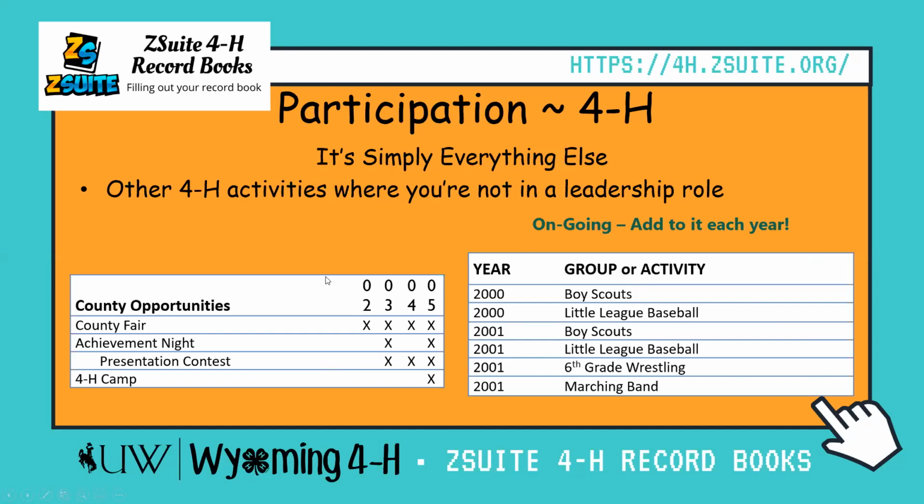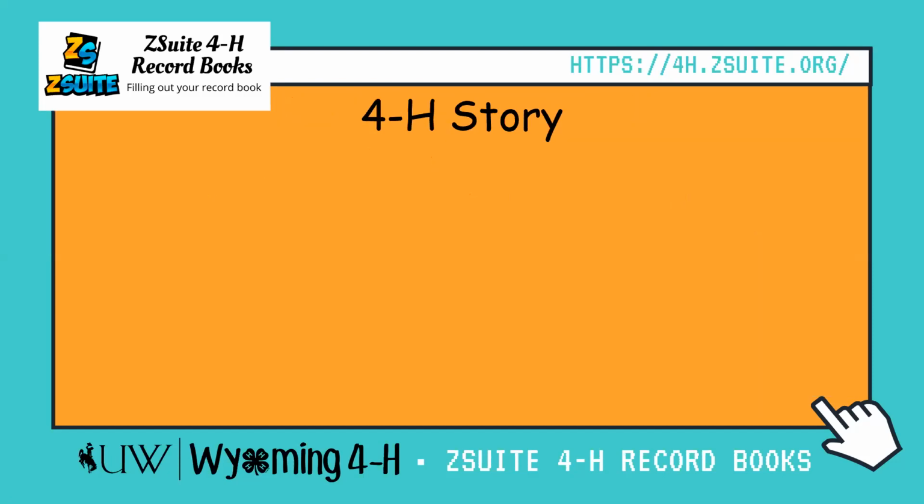But any of these things here count, and there is a list, I believe, that you can add to, but like county fair, achievement night, presentation contest, 4-H camp, showcase showdown, state shoot, county shoot, state fair, anything like that can go in this section. There's a spot for county opportunities and a place for national opportunities and international opportunities.